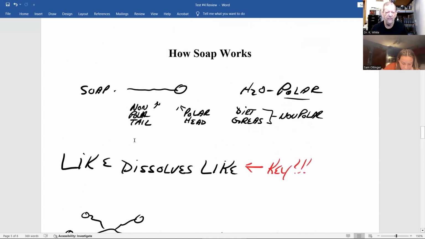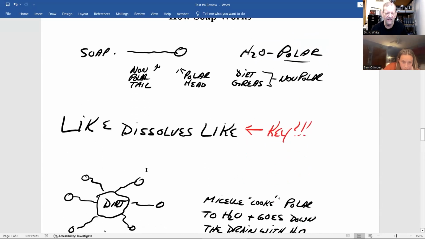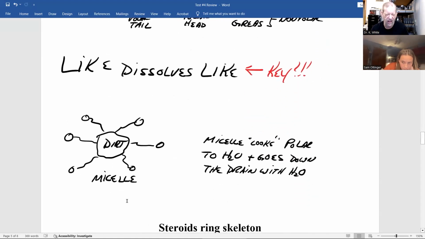Now the soap, which has a nonpolar tail, is attracted to the dirt because of like dissolves like. And the polar head wants to stay as far away from the dirt, so it's on the outside. And when this forms, you should know that's called the micelle. And now water looks at the micelle and only sees the polar heads. And water says to micelle, you're polar, I'm polar, let's go down the drain together.